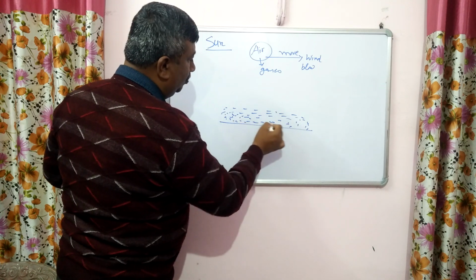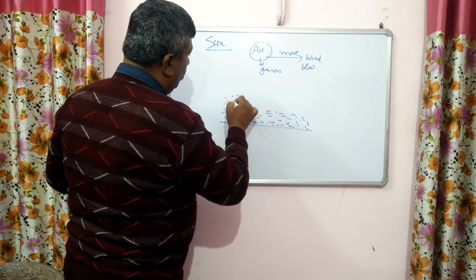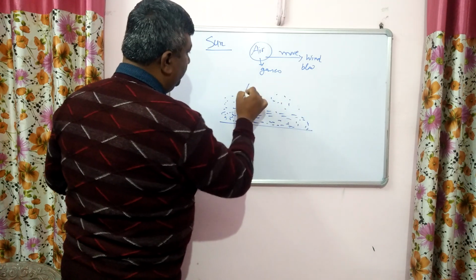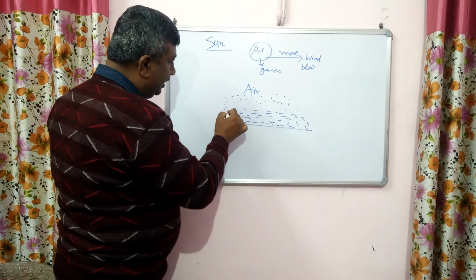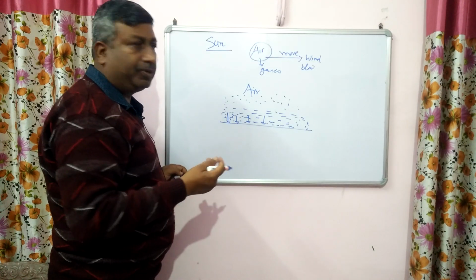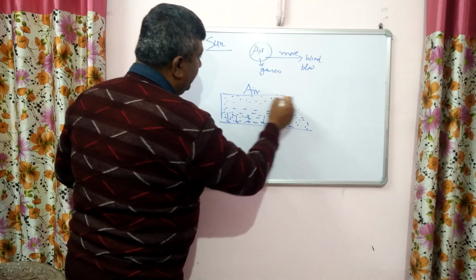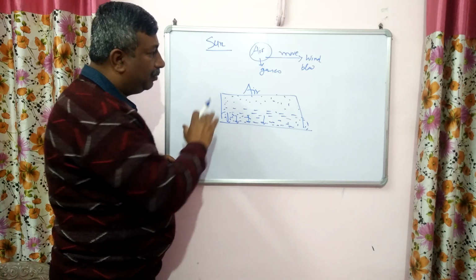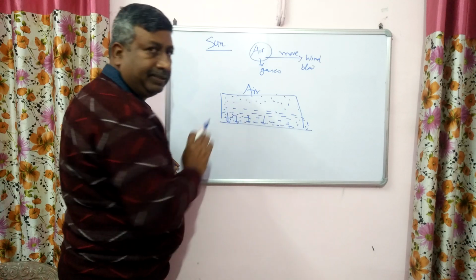Air molecules near the earth surface are more, and on the upper side these molecules are fewer. These are gaseous molecules, and they create a pressure on the earth that is known as atmospheric pressure. In per unit area, per unit volume, the number of air molecules is equal, and the pressure on all sides is the same.